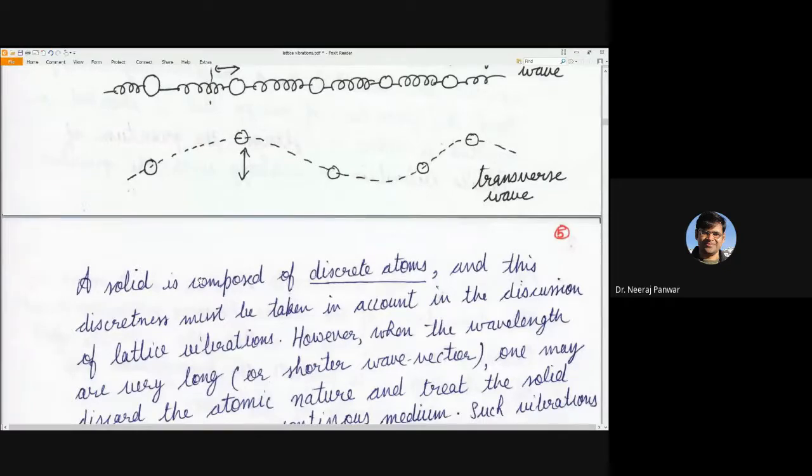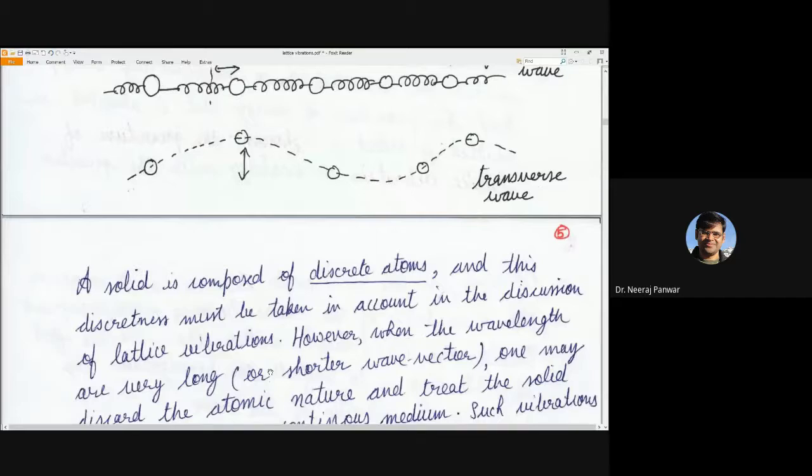So if we analyze the solid at the atomic level, it is made of discrete atoms, and this discreteness must be taken into account in the discussion of lattice vibrations.